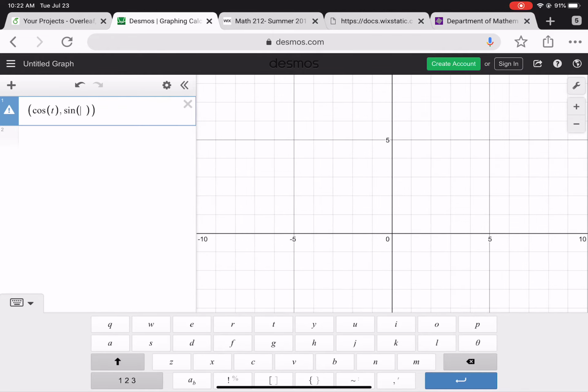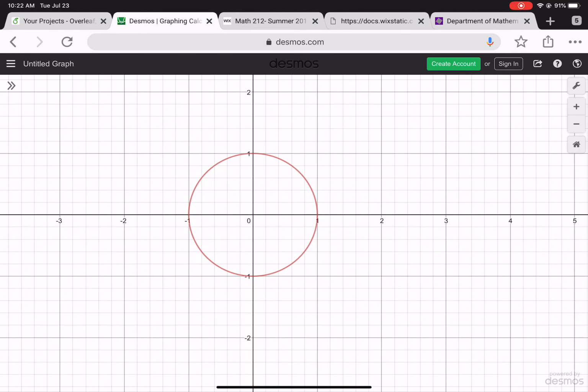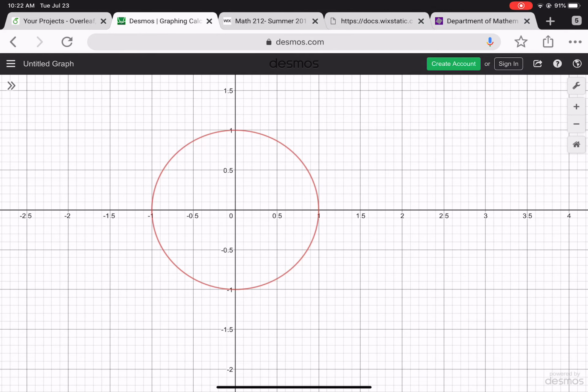If it's negative, it's going to go clockwise. So here, t is defined from 0, and everything is in radians now, all the way to 2 times pi. There you go. And what is this going to create? A unit circle.